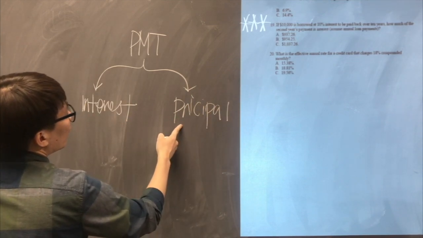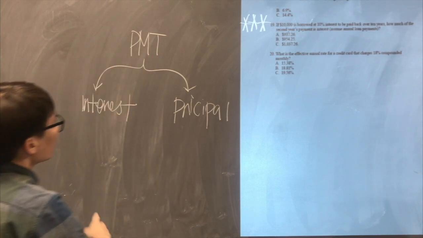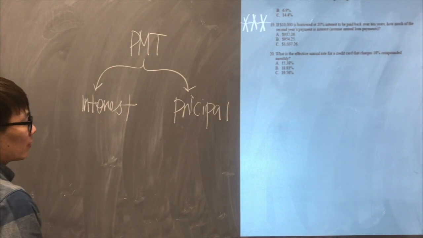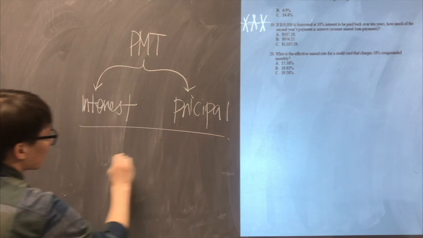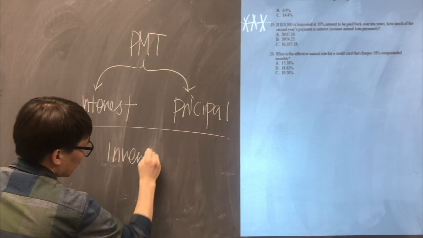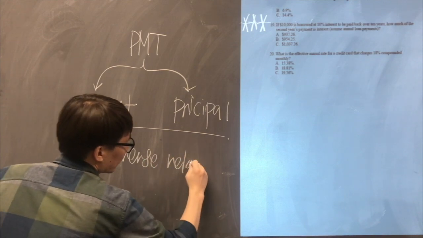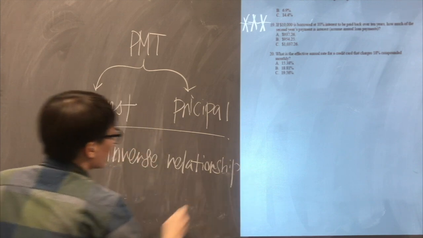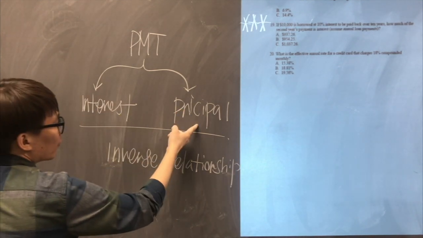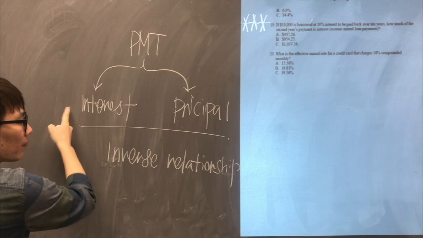The sum of these 2 amounts will be your payment, right? And these 2 amounts have an inverse relationship. Inverse relationship. One goes up, one goes down. Okay?